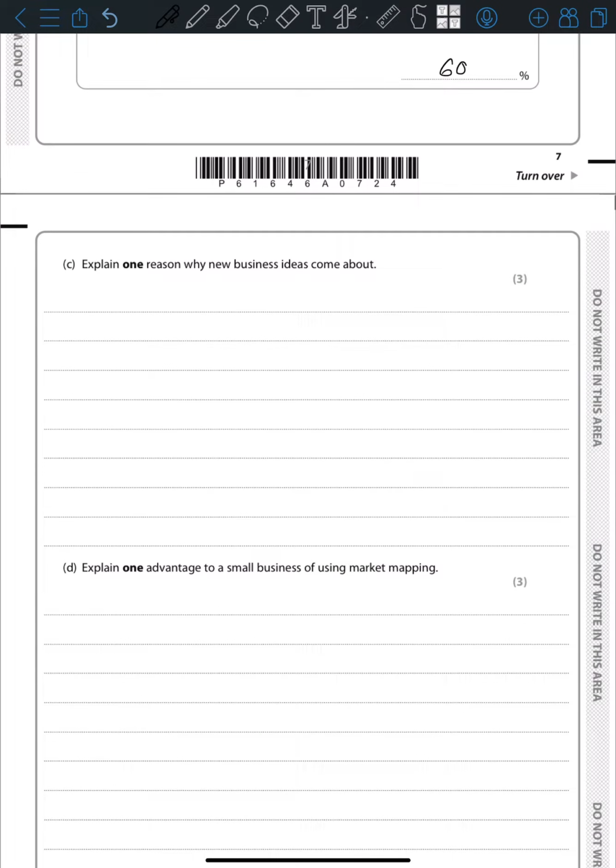So new business ideas may come about because consumers want change. Consumers want something new. So because of new customer wants, if customer wants change, we need to build on our product and make new changes. So just like we saw in the previous question, what happens is we need to make changes to our design mix.